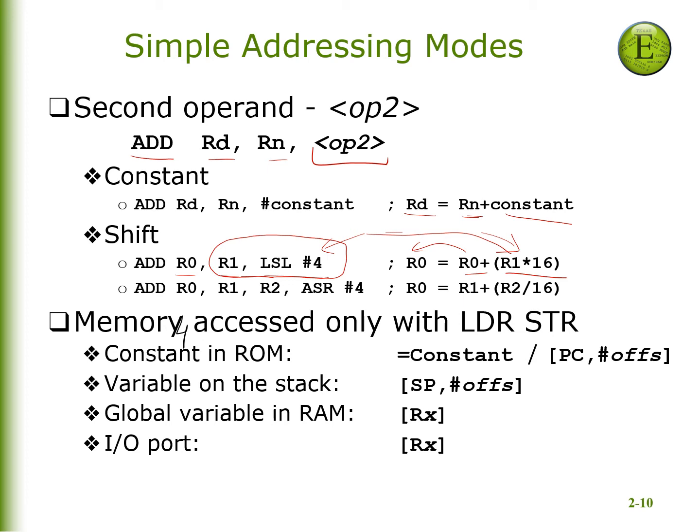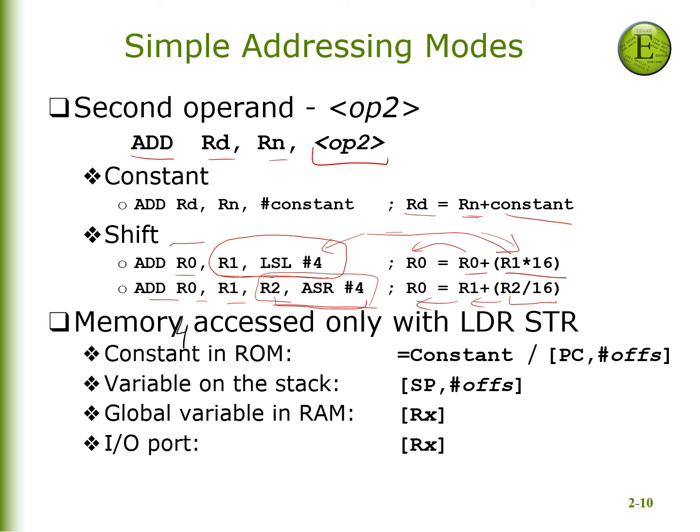Similarly, you can have another instruction, add R0, R1, R2, ASR 4, that is arithmetic shift right by 4. So apply arithmetic shift to register R2 by 4. That is equivalent to dividing register R2 by 16 and adding it to R1 and storing the result in R0.